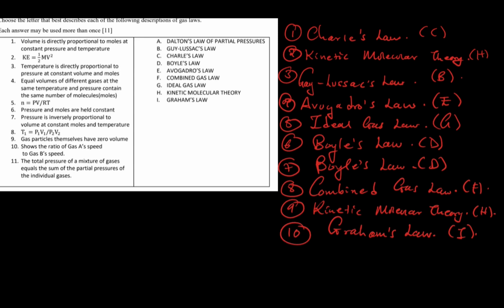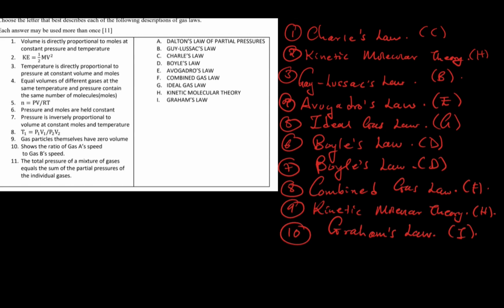And basically, I expect everybody to at least have an idea of these laws, like even how to derive some of them. You should know that. So the Graham's law shows the ratio of the speed of gas A to the speed of another gas B. And its whole theory is based on the kinetic theory of gases.